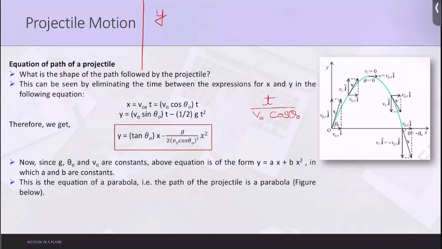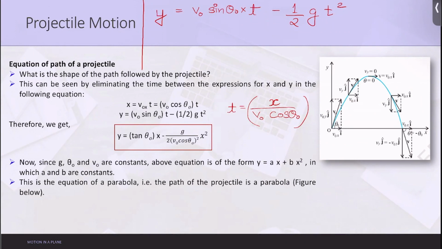So what is y basically? y is nothing but equal to v naught sin theta naught into t minus half g t square. Just put the value of t is equal to x upon v naught cos theta naught here, and then we can finally derive the equation.